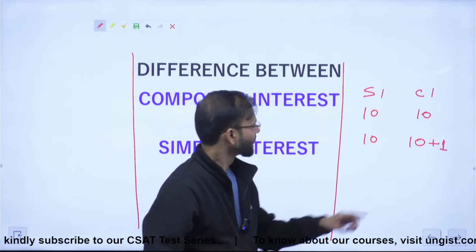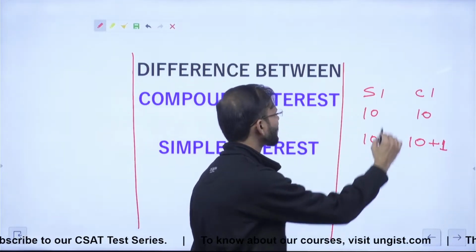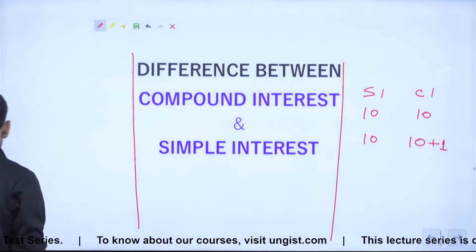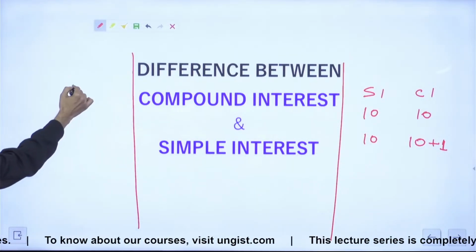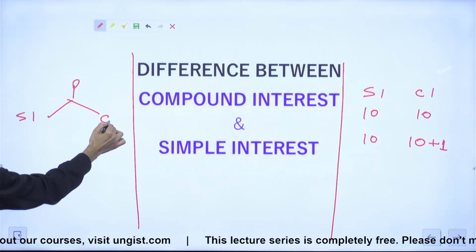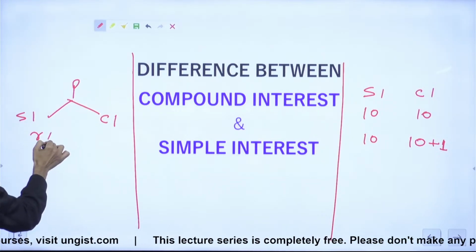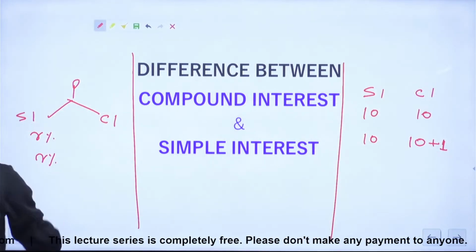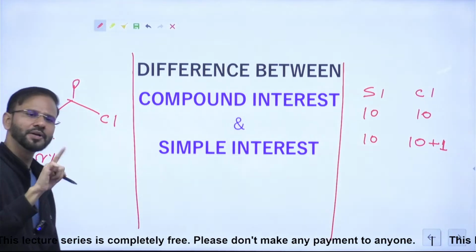Guys, just tell me, if I talk about principal, right? Just think on it. Principal, SI and CI, right? So R%, fine. R% of principal will be what? P into R by 100, guys.